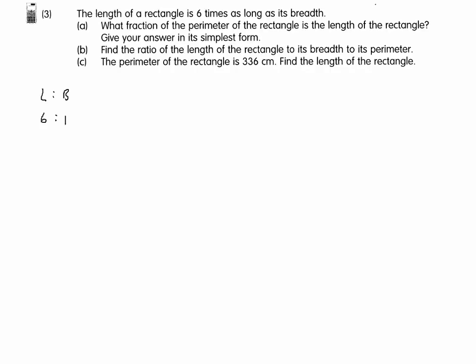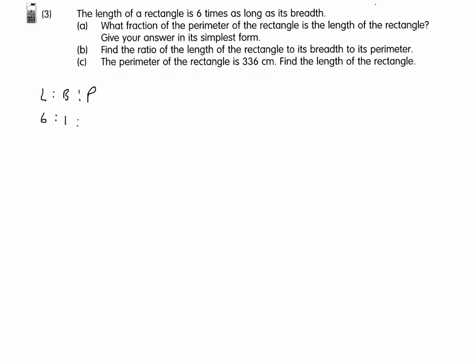Perimeter consists of how many lengths? 2 lengths. How many breadth? Okay, now I'm looking at perimeter. Now, I want to know the perimeter in terms of units, Yongqian. Which is equals to 14.